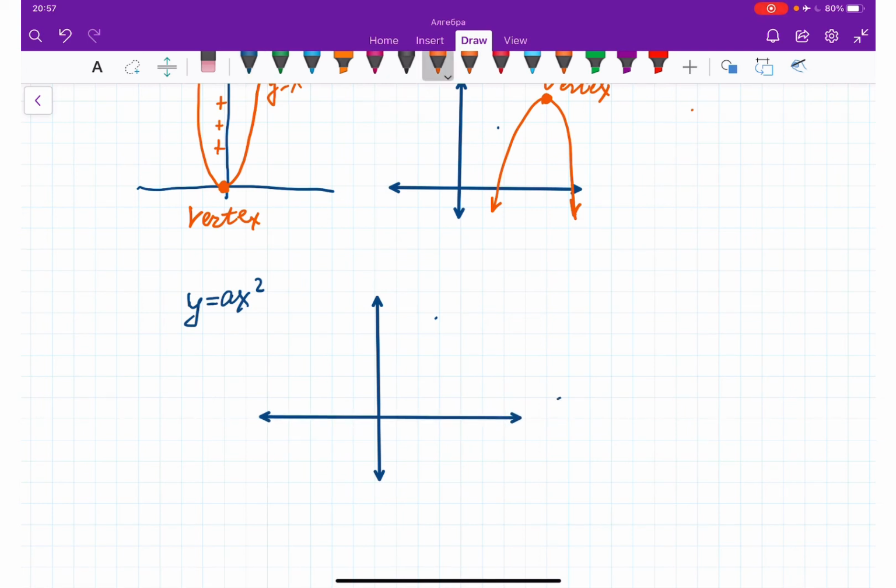If this is my x squared, let me write down x squared, which means a is equal to 1, right?